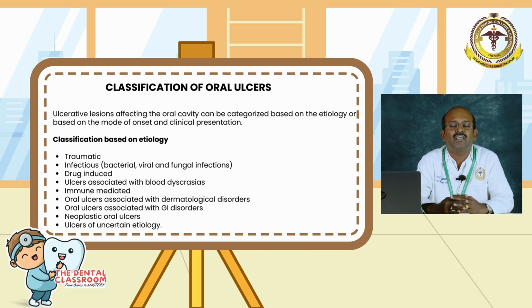Next, whether they are associated with any blood dyscrasias, or whether these ulcers are immune mediated, or whether they are associated with any dermatologic diseases, or any gastrointestinal diseases, or it can be a neoplastic ulcer. And last, even we will be in a fix. The ulcers can be due to an unknown etiology.